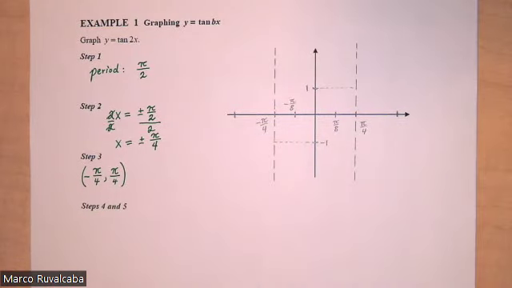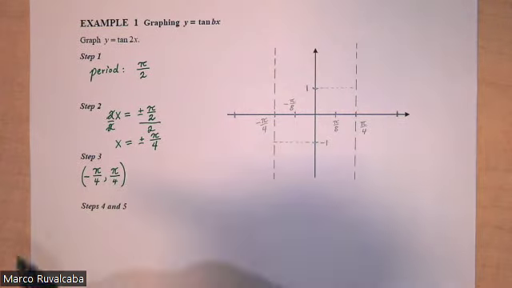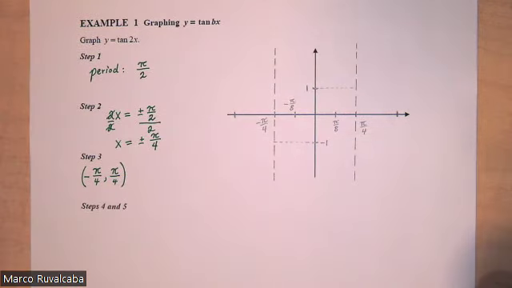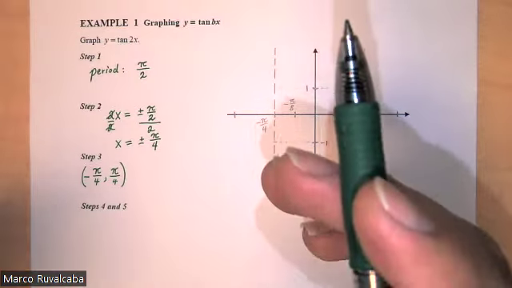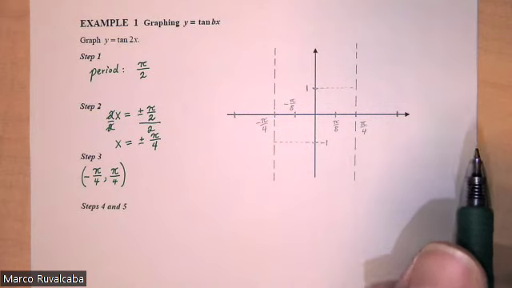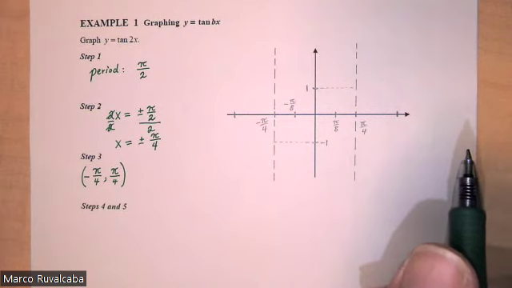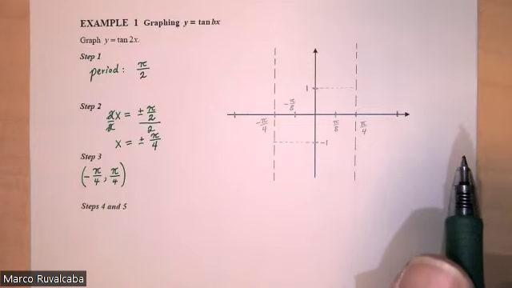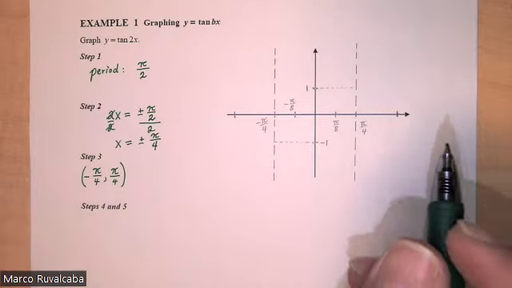And the length of that interval, you subtract pi fourths minus negative pi fourths, which gives you 2 pi fourths, which is pi halves. So the length of that interval is pi halves. And then you want to split that into 4 equal intervals. So you divide that by 4, and that'll give you pi over 8, the distance of each subinterval.